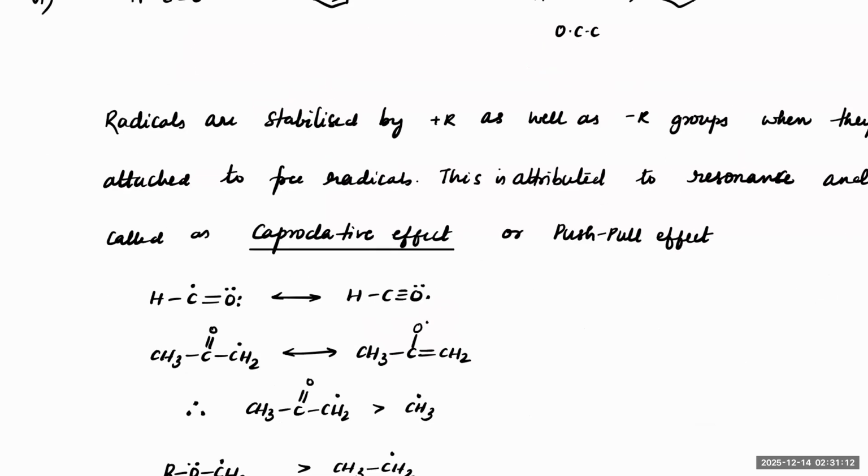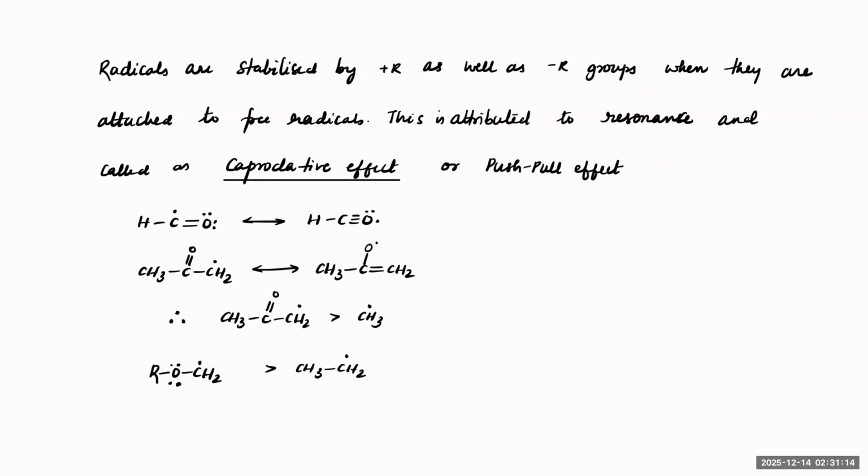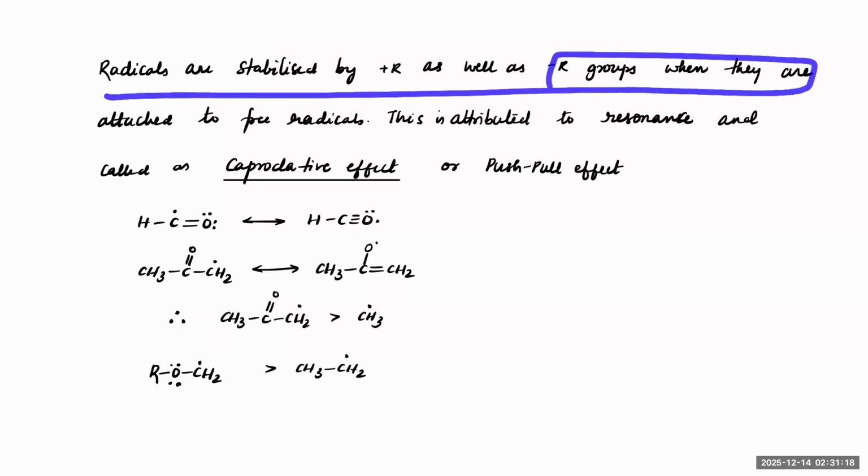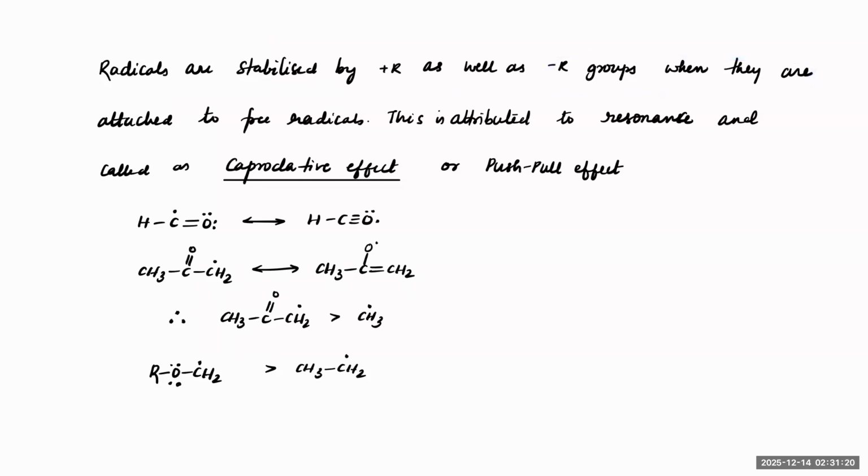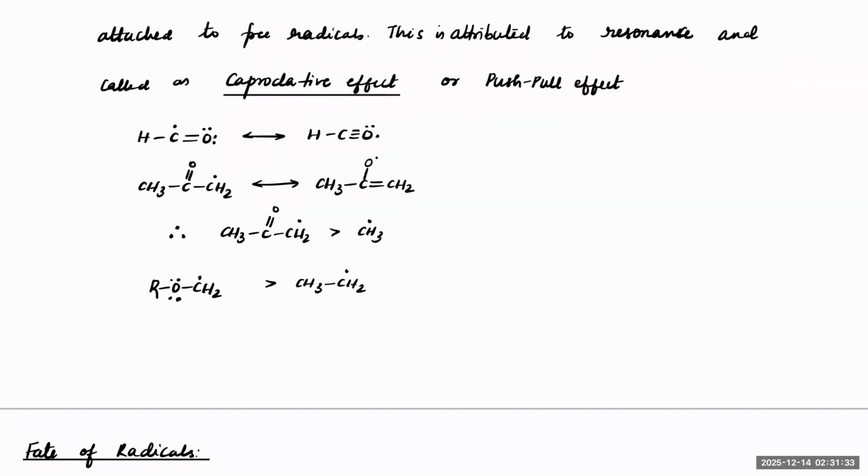Okay. Now, please read these lines carefully, everybody. See, radicals are stabilized by plus R and minus R when they are attached to free radicals. This is attributed to resonance and is called the captodative effect or push and pull effect. That is, if you have this case here, you can push this pi bond here, making it into octet completion.